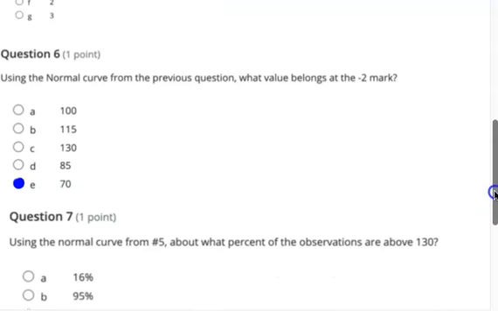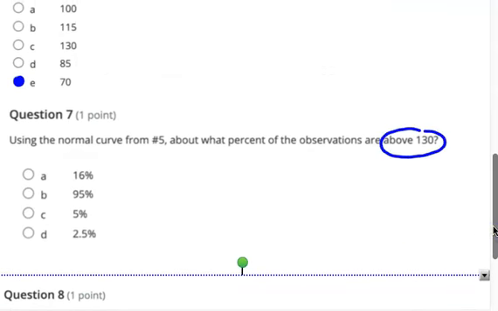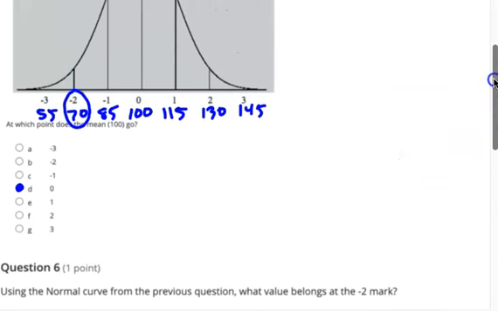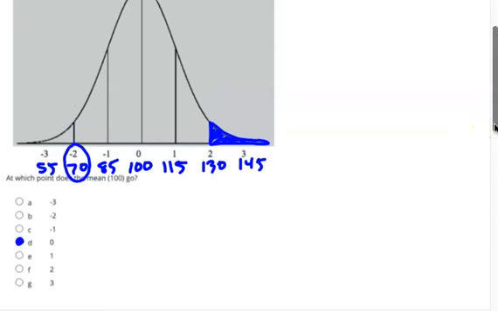Using the normal curve from number 5, what percent of the observations are above 130? Okay, remember what we have here, and we could use our chart for this, but remember we had our 68, 95, 99.7 rule.